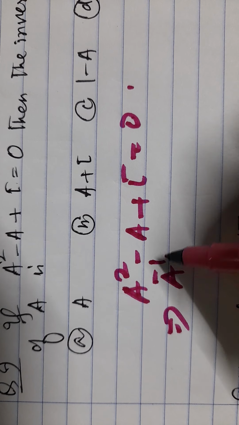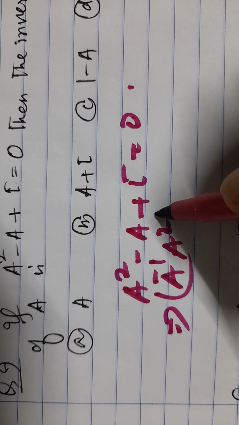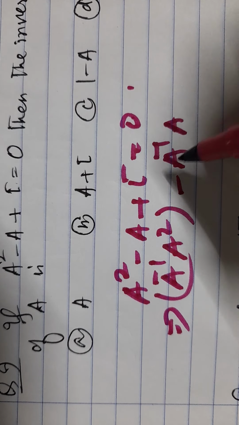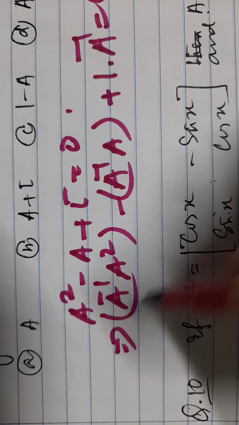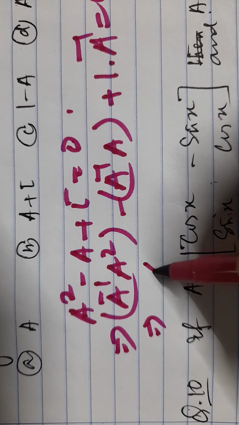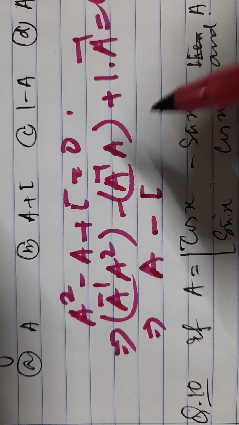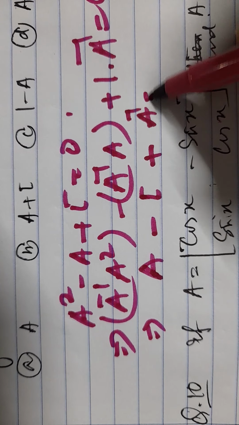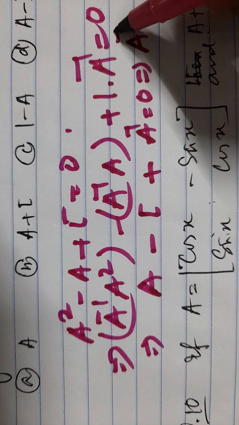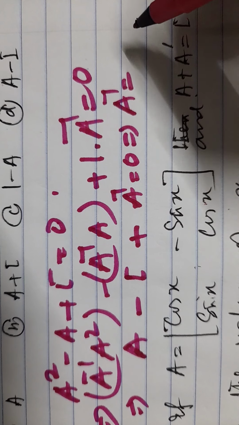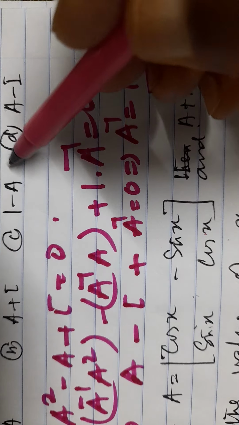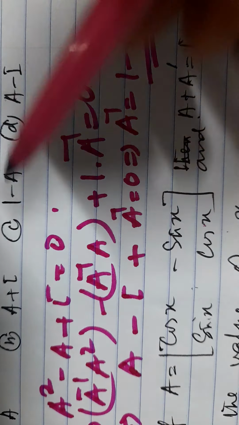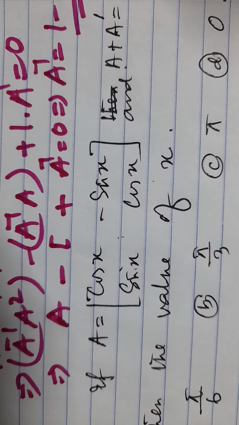A inverse A squared minus A inverse A plus I into A inverse is equal to 0. Doing this, we get A minus I plus A inverse is equal to 0, that is, A inverse is equal to I minus A. So the correct option is C, I minus A.